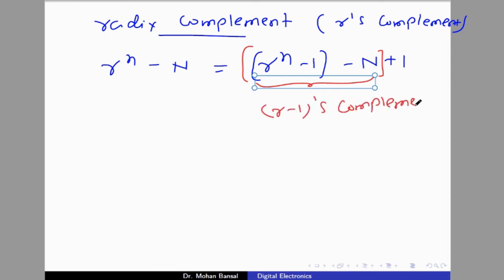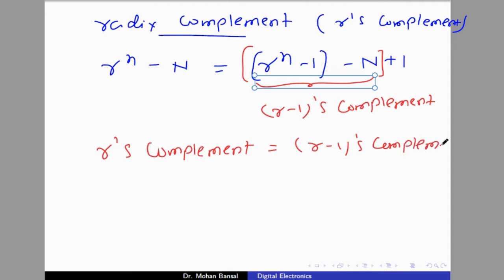So the r's complement is nothing but the r minus 1's complement plus 1. This is the r's complement. So the tens complement is equal to the 9's complement plus 1.